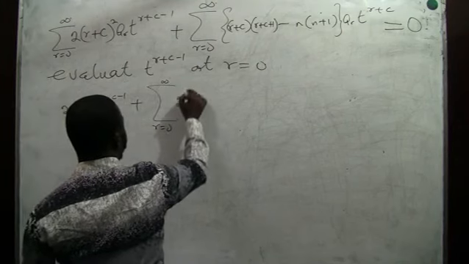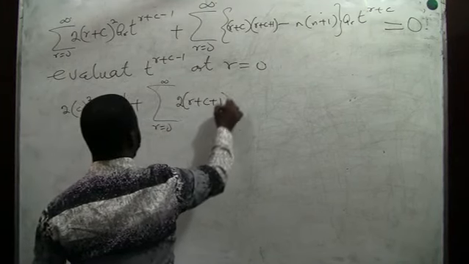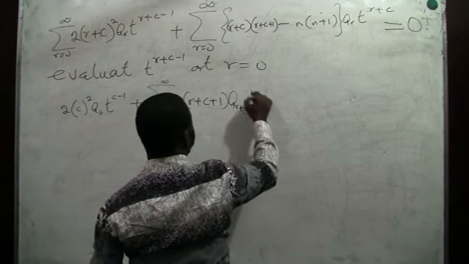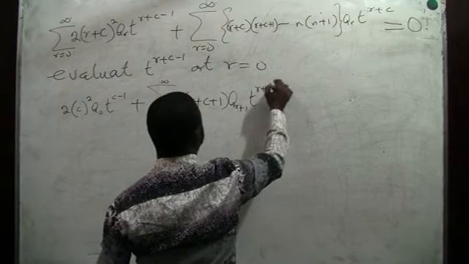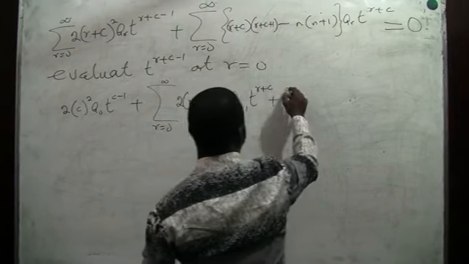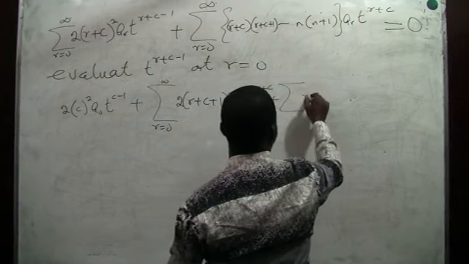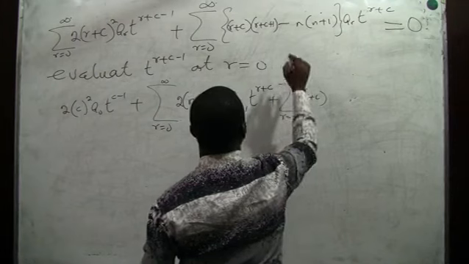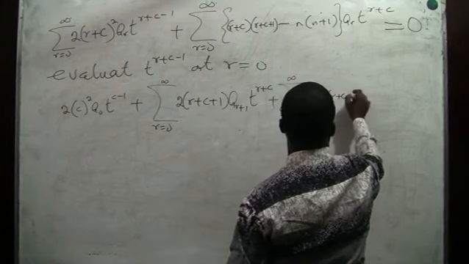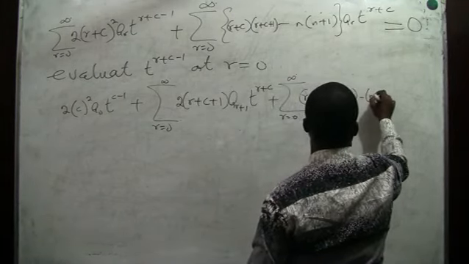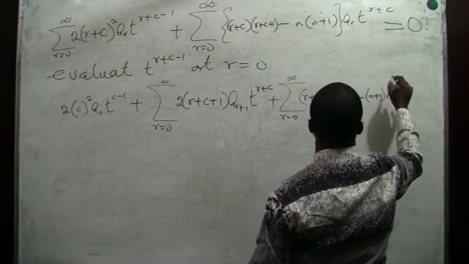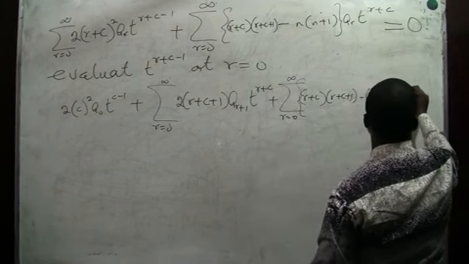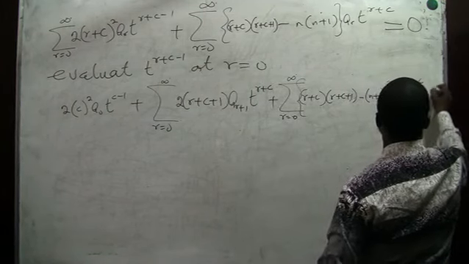We are going to have twice (r plus c plus 1) a r plus 1 t raised power r plus c, plus summation r from 0 to infinity, (r plus c) times (r plus c plus 1) minus n plus 1 into n, a r t raised power r plus c equals 0.